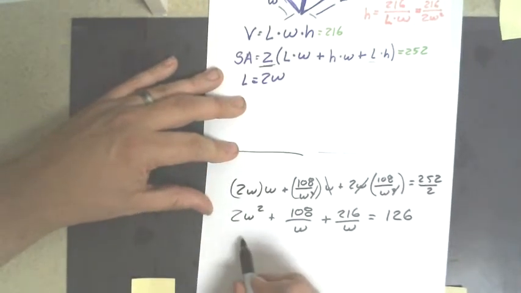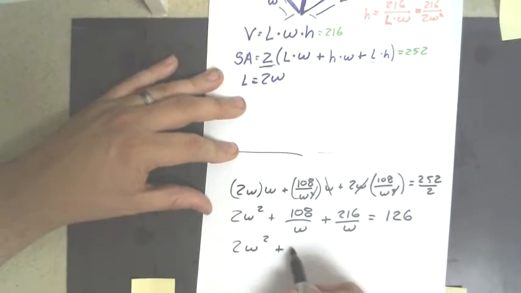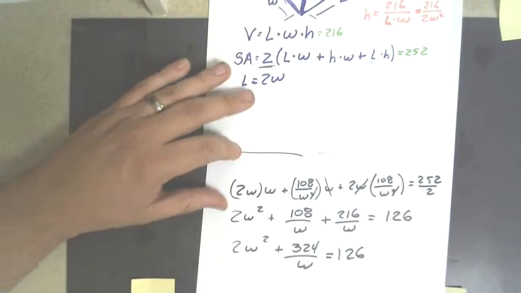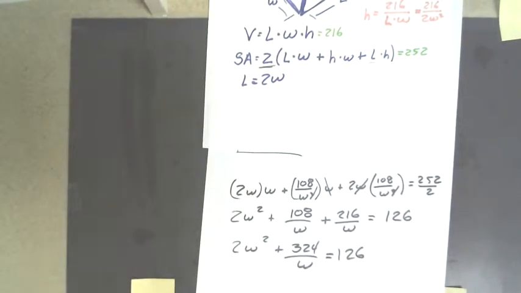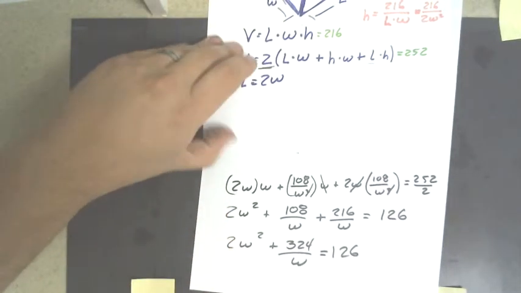Okay, add those together. 2W squared plus, what is that, 324 over W equals 126. Now, that's not the most lovely equation that we've ever worked with here, so it might be nice to manipulate that a little bit, make it a little more pleasant.